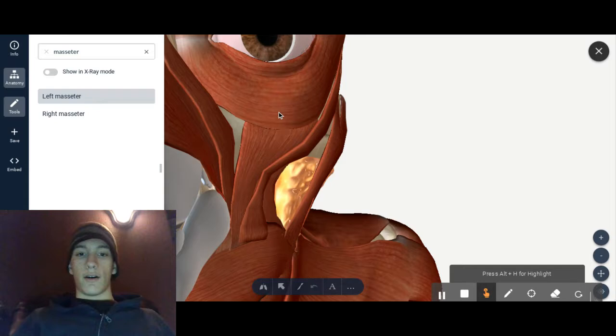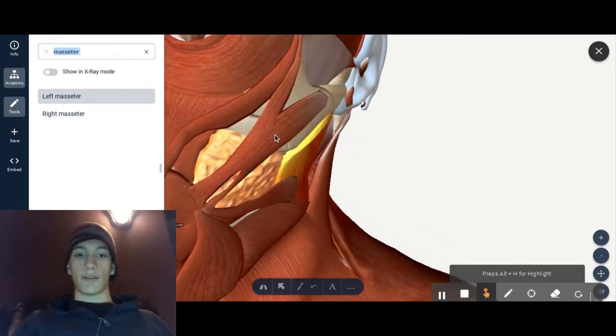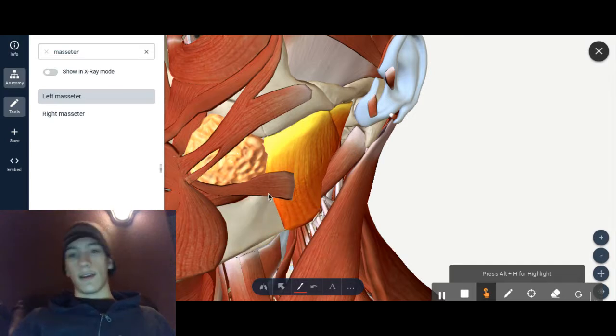But it seems to be covered up under stuff, so I'm going to use the BioDigital tool of dissection. I click on muscles or just structures and they go away. So this is the masseter.